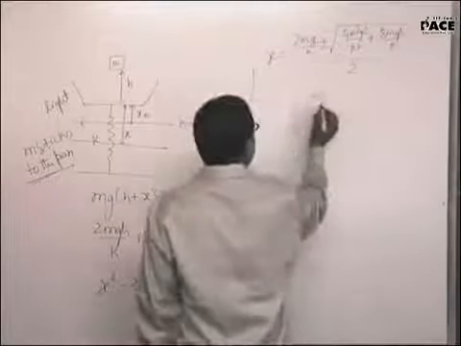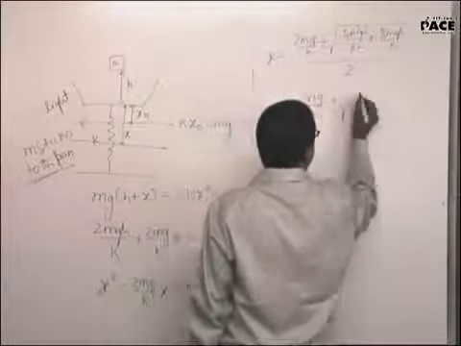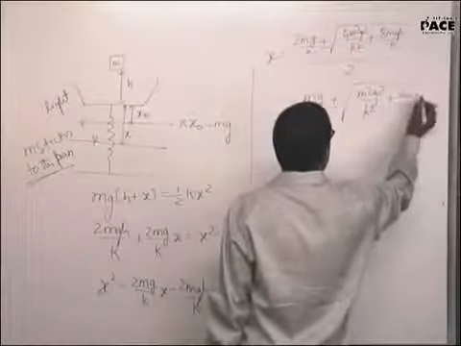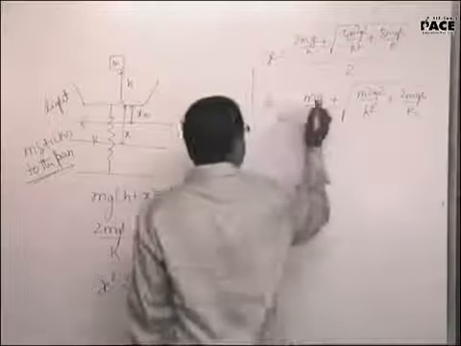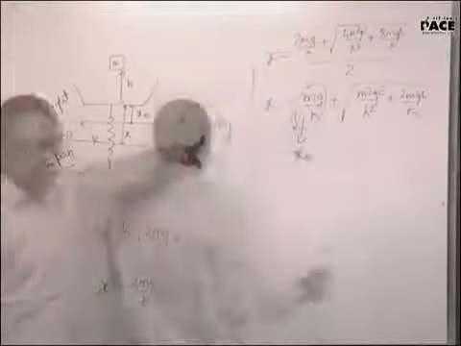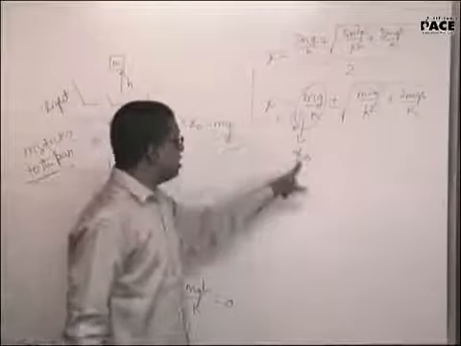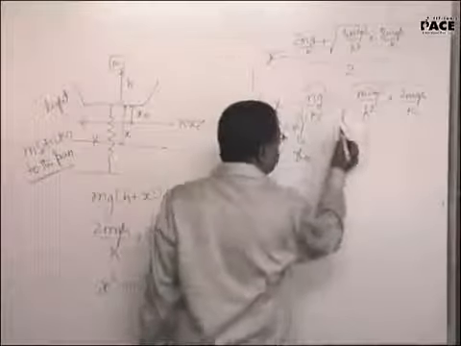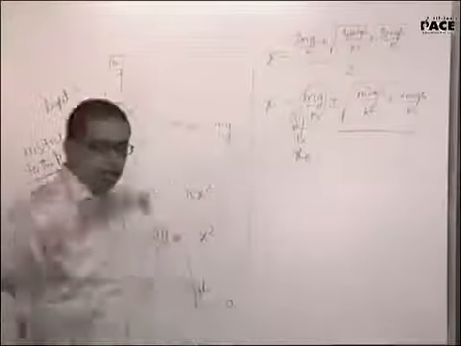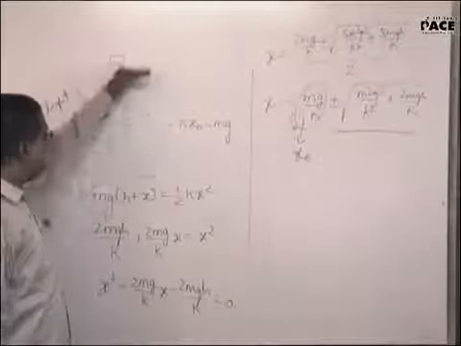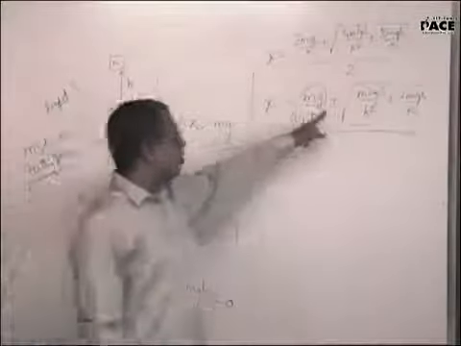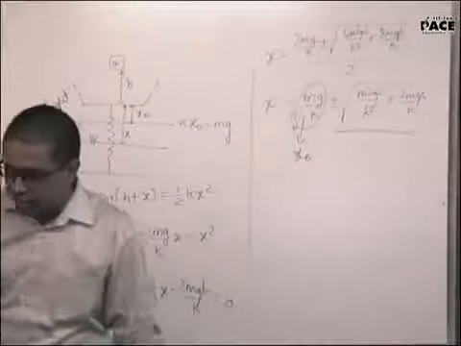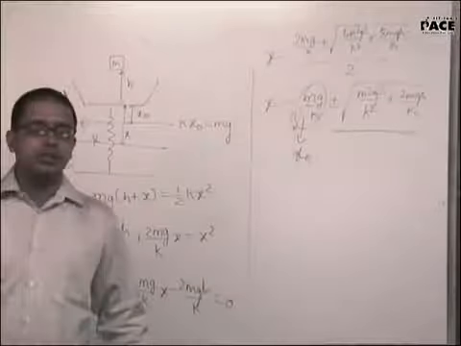This will turn out to be mg by k plus or minus root over of m square g square by k square plus 2mgh by k. Can I call this to be x naught? Will I get x minus x naught from here? And obviously I can see x minus x naught is plus or minus this. That means above and below. So from the equilibrium position it will go above and below. Hence I am getting plus or minus that particular quantity. Plus will be in one direction, minus will be in the other direction. Hence that will be the amplitude.